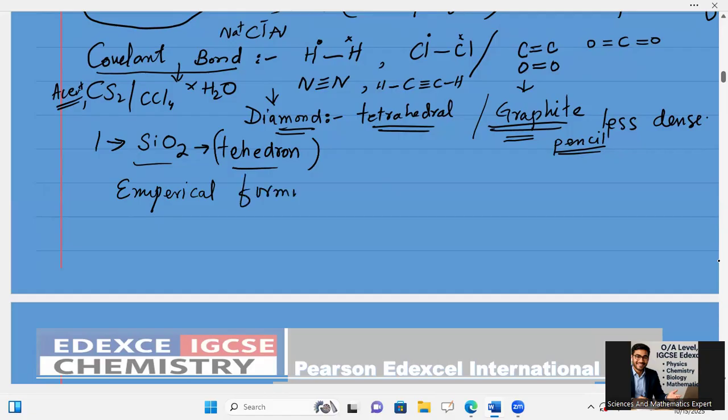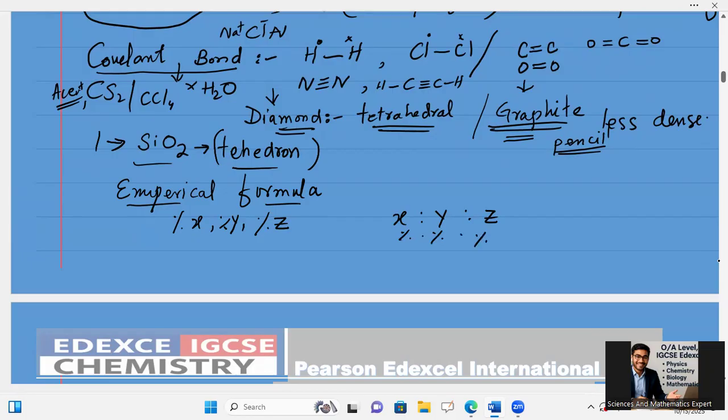Empirical formula. And the empirical formula can be calculated mostly when different percentages are given. Let's suppose percentage X, percentage Y, and percentage Z are given for different elements. All these three elements are taken in the form of a ratio X, Y, and Z. Then their percentages are written below them.